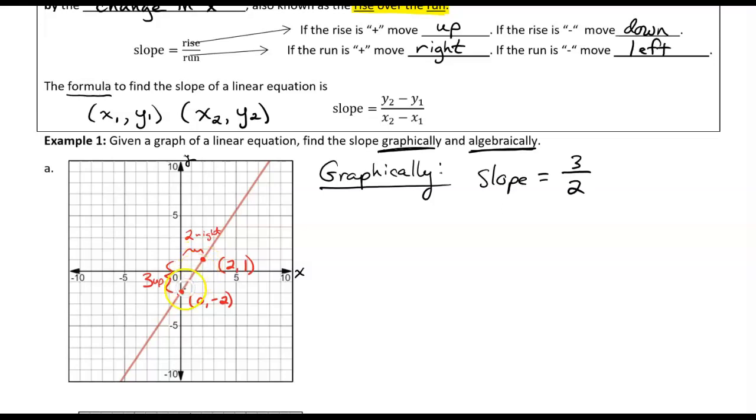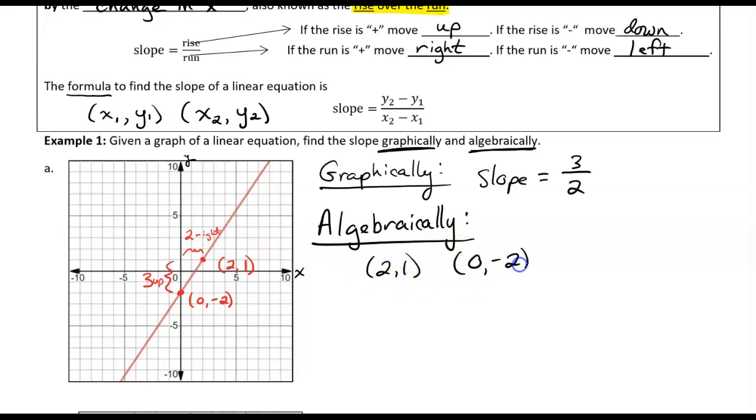Now, it won't always be that nice to identify those points, right? Sometimes we need to use the formula. That's why it's nice that we have the formula available to us. So let's see if we get the same answer algebraically. From my ordered pairs that I picked, I'm going to have here 2, 1, 0, -2. If you need it, just because there's a lot of numbers floating around, label your x1, y1, and your x2, y2.